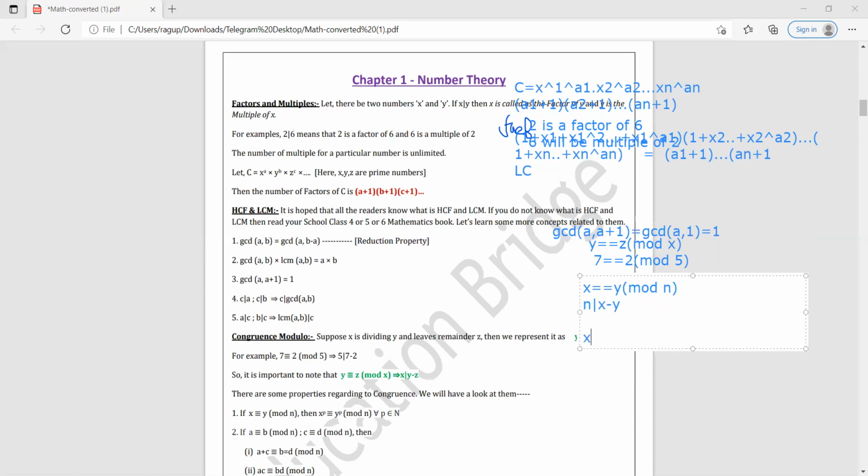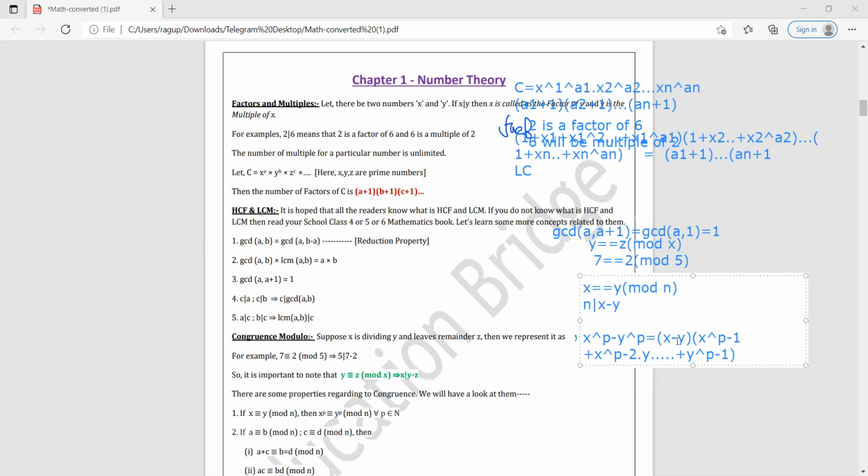Now you'll notice that x raised to p minus y raised to p we can easily factorize to be x minus y into x raised to p minus 1 plus y times x raised to p minus 2, and this process will go on up till y raised to p minus 1.